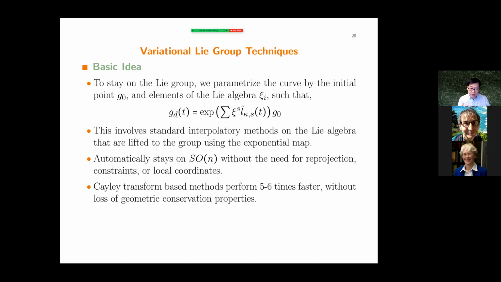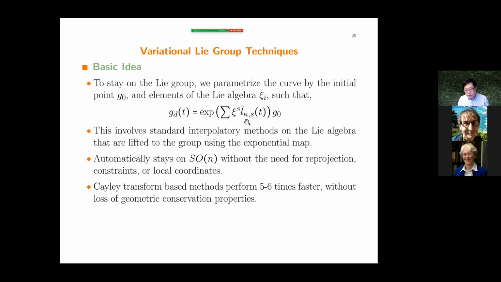And you can use the matrix exponential to map skew-symmetric matrices to rotation matrices. And if you multiply rotation matrices, you again get rotation matrices. So this ansatz imposes the condition that you have dynamics on the group by exploiting the fact that the group is closed under multiplication, and that the exponential map maps the Lie algebra to the Lie group.